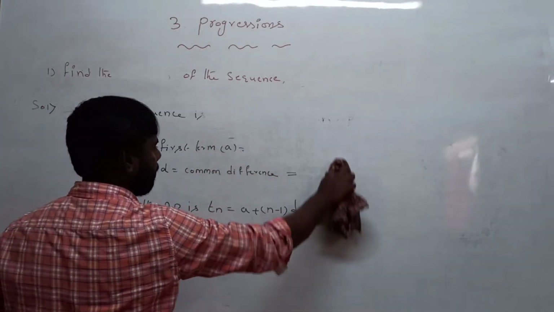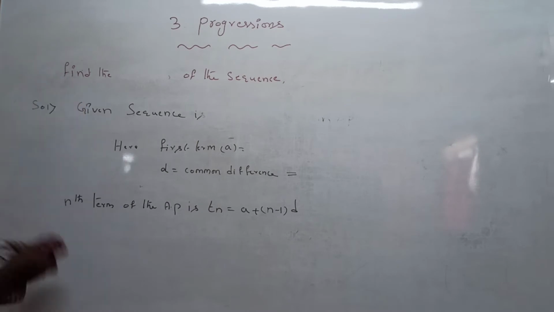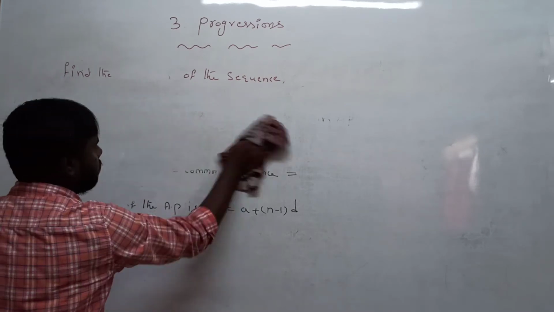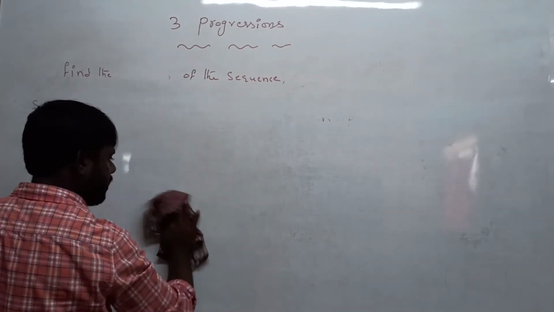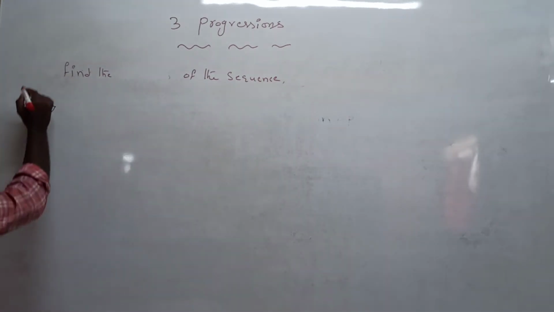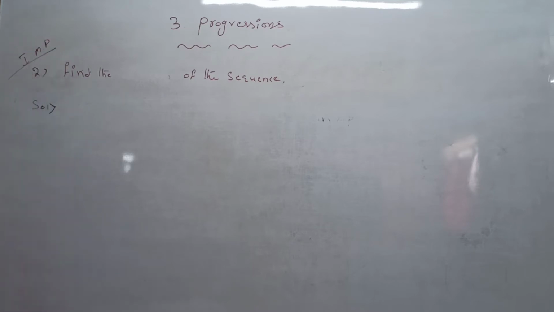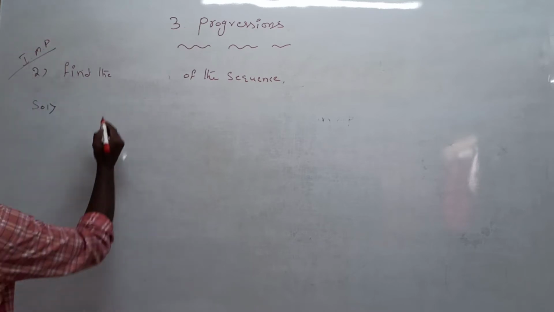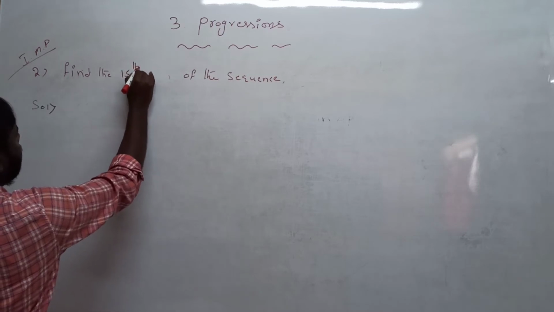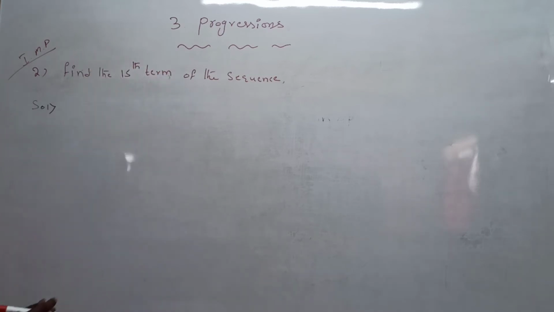So the second problem is very easy, only applying the nth term of the arithmetic progression formula. Second question, very important, 6 marks question. Find the 15th term, meaning calculate the T15 value.